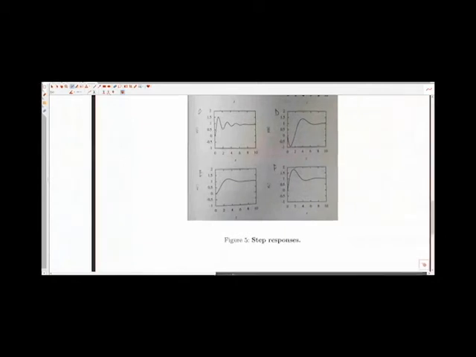The step responses are on the back side of that sheet. And here are the different step responses. Okay? So we're trying to match between the two. Given what we learned this morning and on Monday, I guess we're looking for some thoughts on how we're going to go about solving this problem.